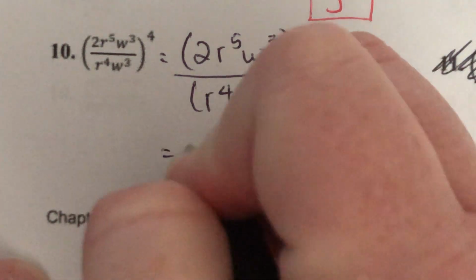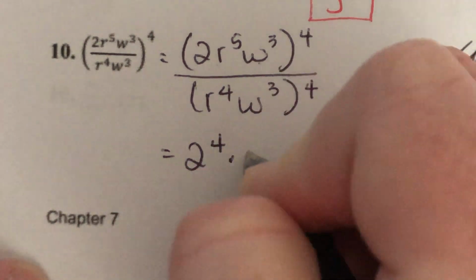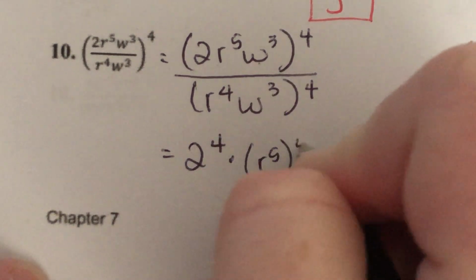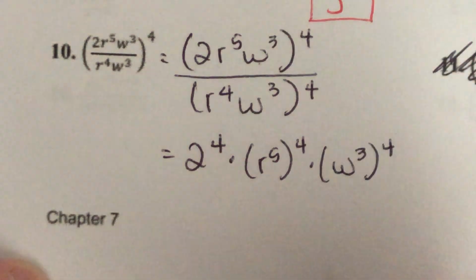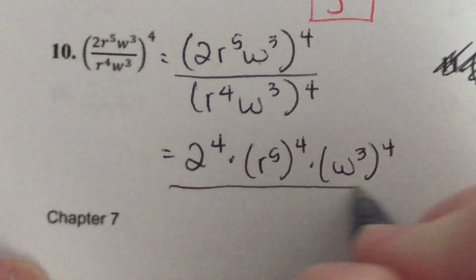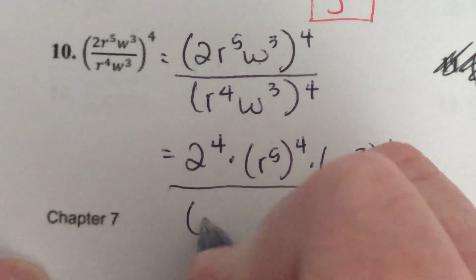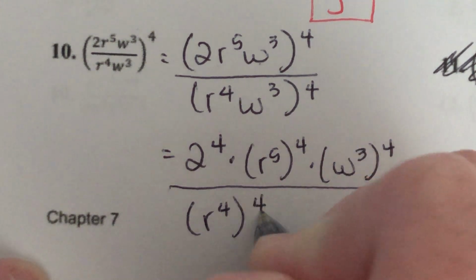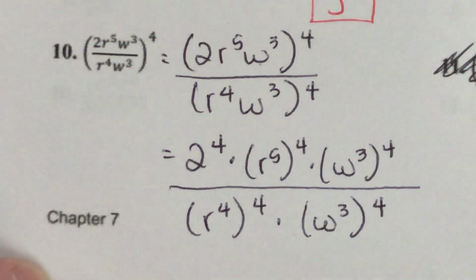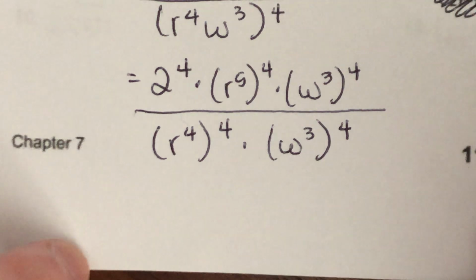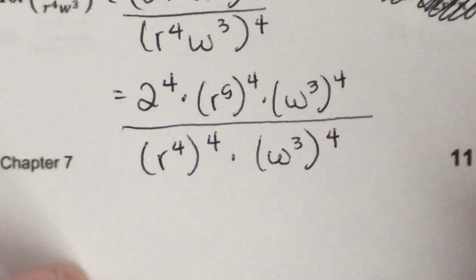So that's going to be 2 to the 4th times r to the 5th to the 4th times w to the 3rd to the 4th all over r to the 4th to the 4th times w to the 3rd to the 4th. Okay, you still with me, following me? I might have to use another sheet of paper here.